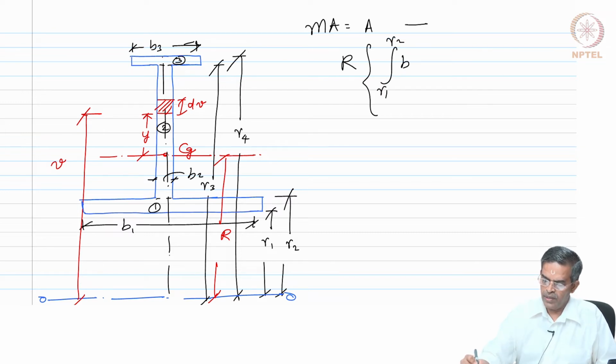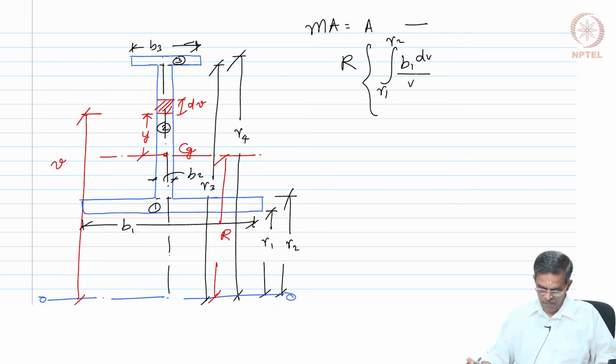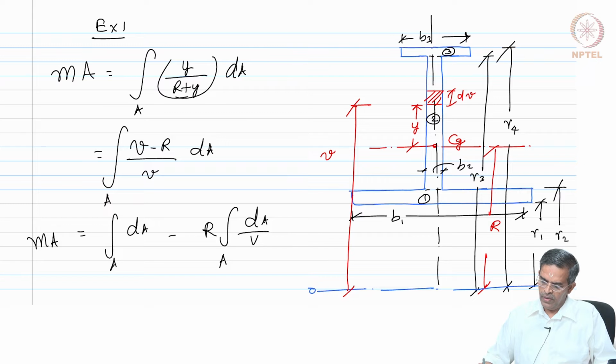So, that area will be B1 dV by V. See here, I am doing it for dA.